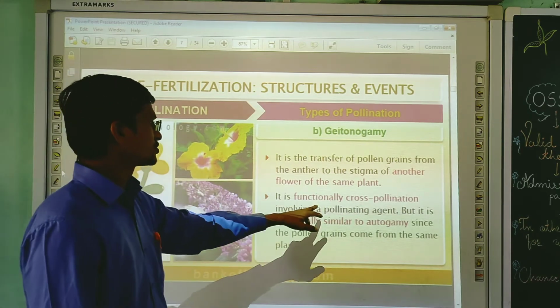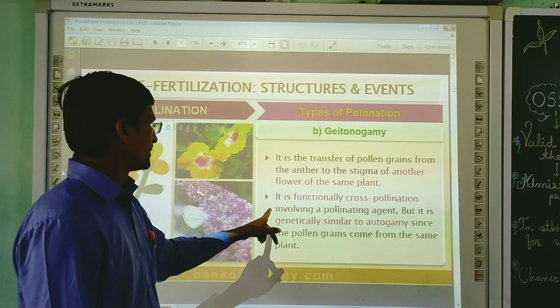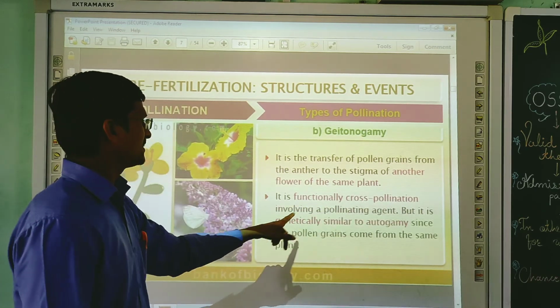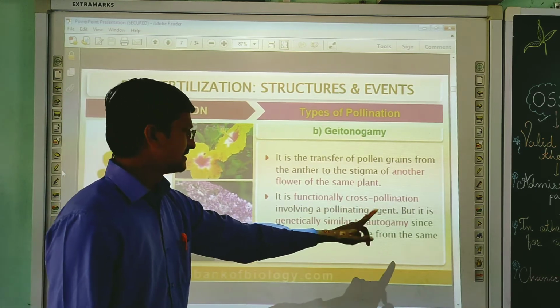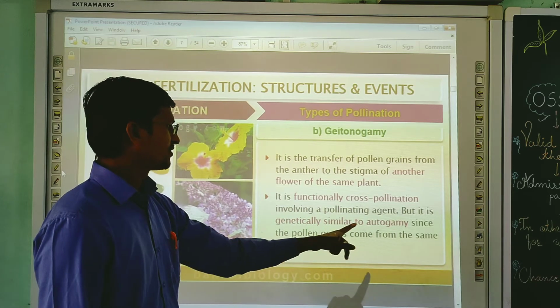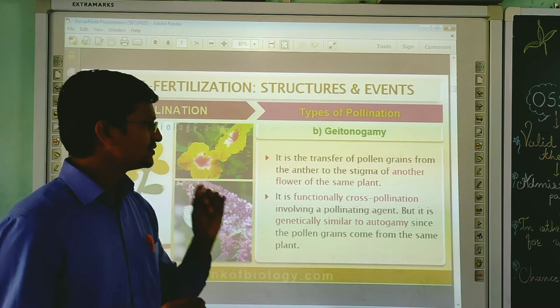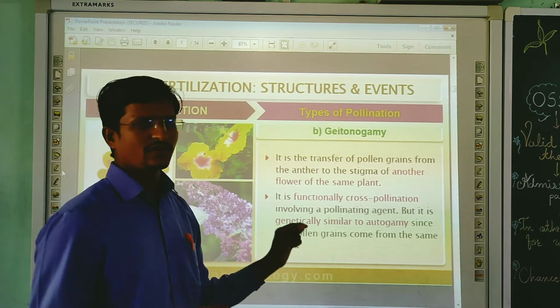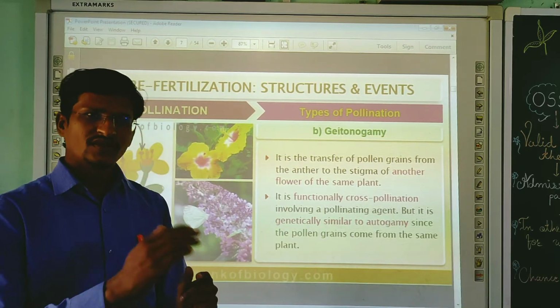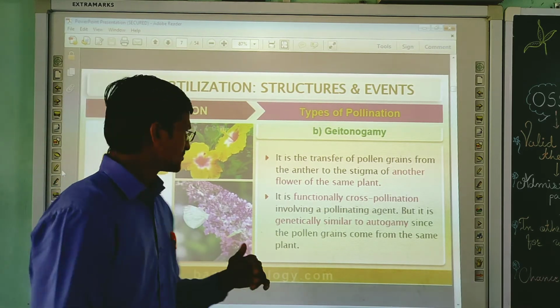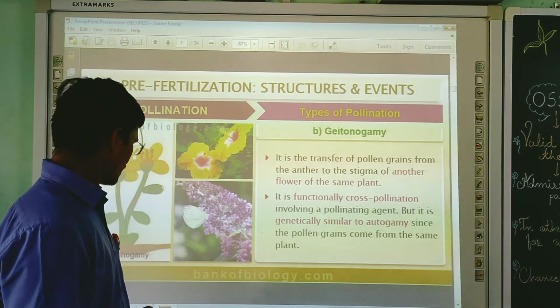It is a functional cross pollination involving pollinating agents, but it is genetically similar to autogamy, since the pollen grains come from the same plant. The process is carried out on the same plant, but it is cross pollination. Got it?